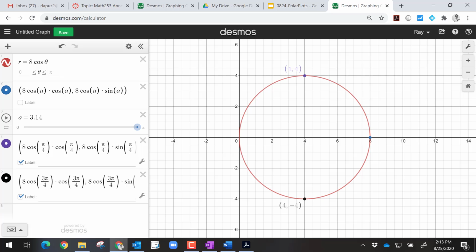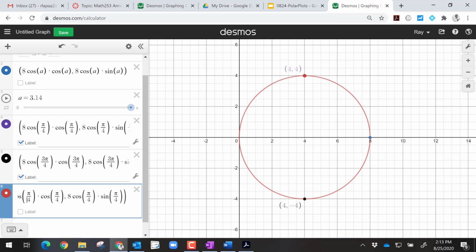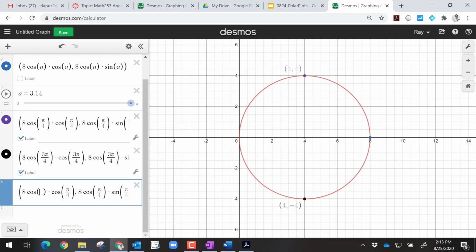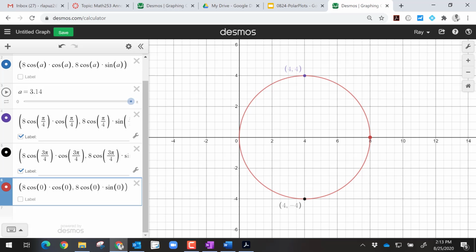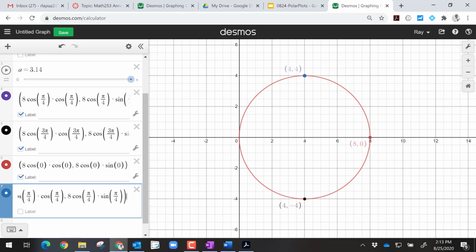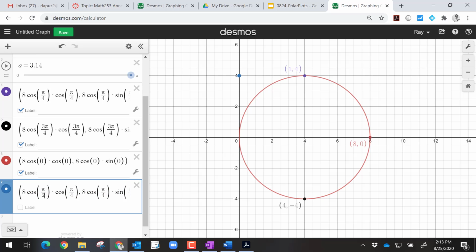And then the other points are when theta is equal to 0 and pi over 2. So let me do the 0 first. Let's put zeros in here. And then that's over here at this point. And it looks like there's a vertical tangent line, and then the other one is going to be when this is pi over 2.